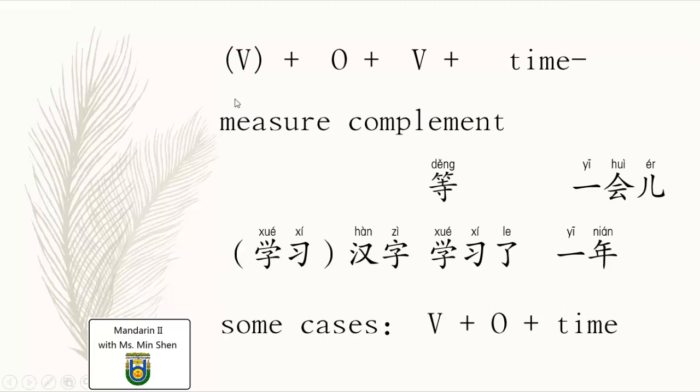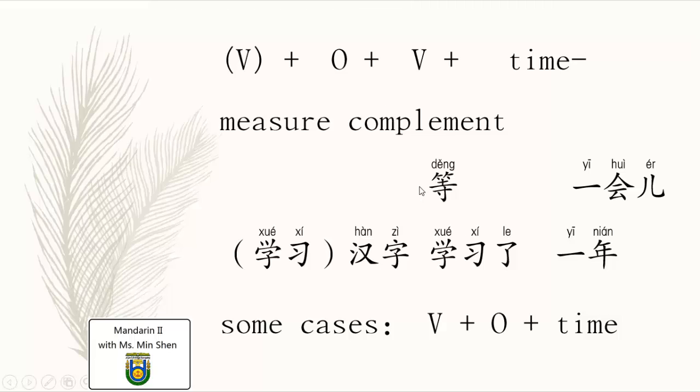And the form of it is the verb first, and maybe there is an object. And when you want to use time measure complement, make sure you repeat the verb once again and put the time measure complement right after that. And because this same verb is repeated here, the original verb you can omit.